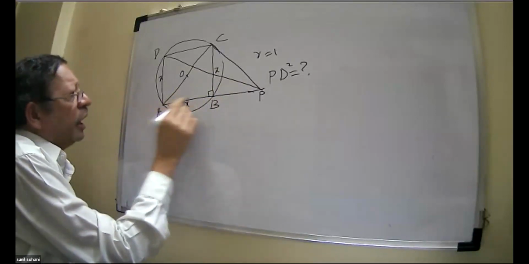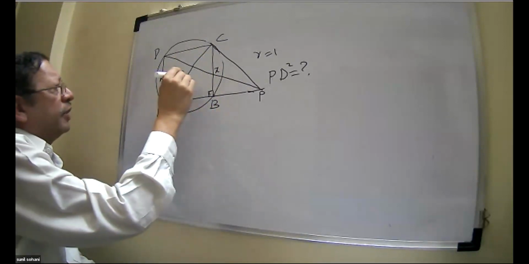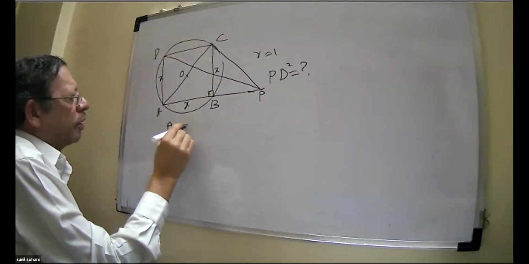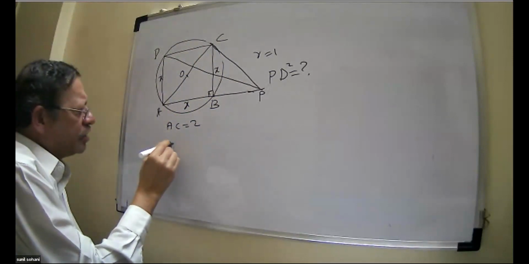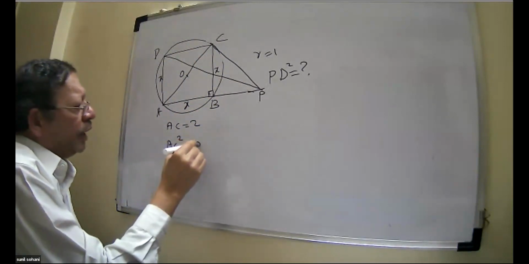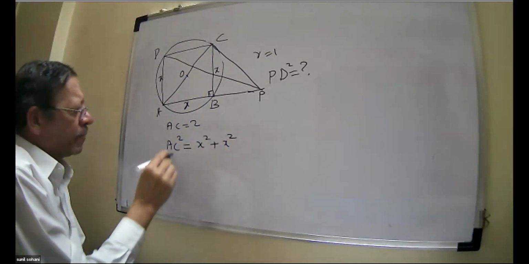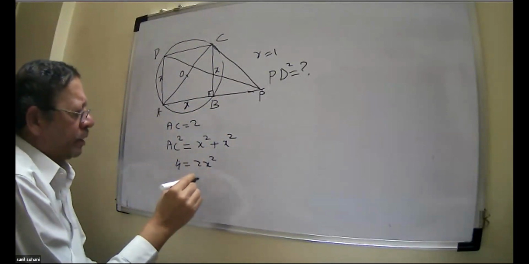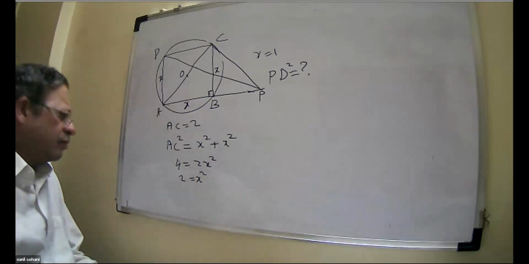So in triangle ABC, which is a 90-degree triangle, and radius is 1, so AC will be 2, because radius is 1. Now we can express AC square, which is the diagonal, like a hypotenuse, equal to AB square plus BC square. So x square plus x square. AC square, which will be 4, equals 2x square. So x square will be 2, and x will be square root 2.